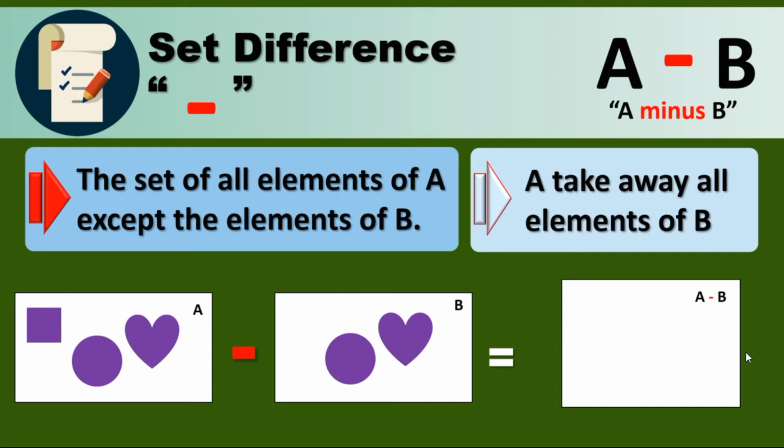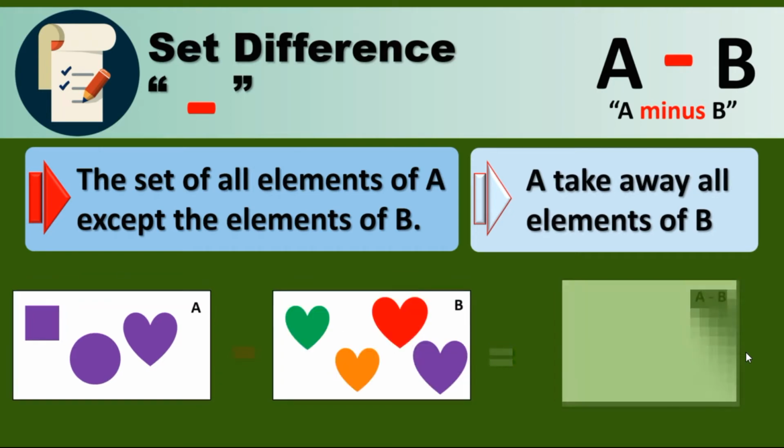Let's have here our previous set A, which contains square, circle, heart, minus set B, which contains circle and heart. Therefore, A minus B, when we take away B from A, what is left is the square.